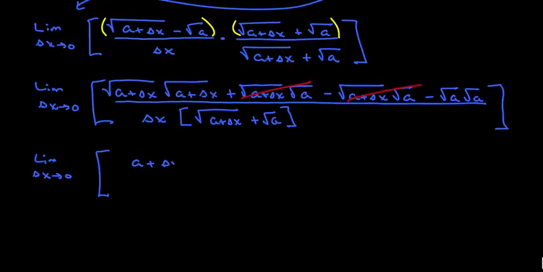And I don't have to worry about using absolute value signs here at all, because I know that a plus delta x has to be positive, because otherwise we couldn't take the square root of it. Right, so we're good there. And then we've got minus square root of a times square root of a again is a. And then this is over delta x times the square root of a plus delta x plus the square root of a.